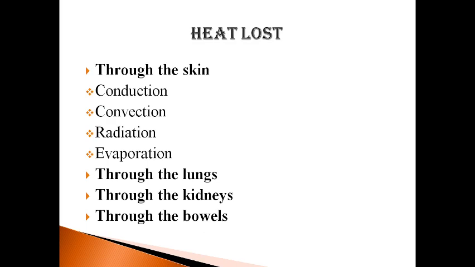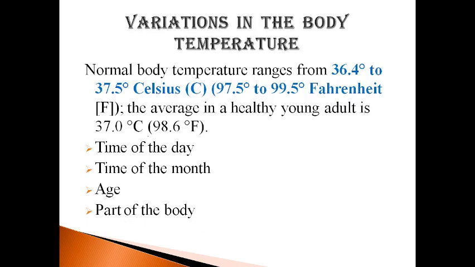and evaporation. What are the variations in the body temperature? First, we will see the normal body temperature, which ranges from 36.4 to 37.5 degrees Celsius, 97.5 to 99.5 degrees Fahrenheit. The average healthy adult has 37 degrees Celsius or 98.6 degrees Fahrenheit.